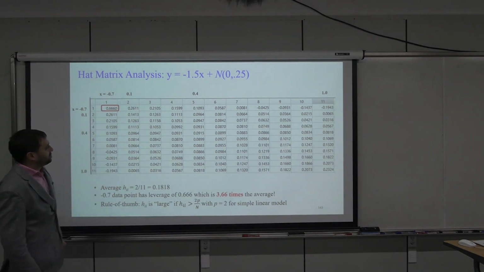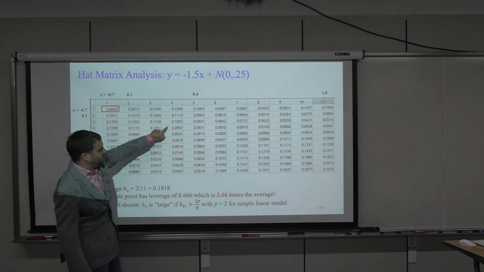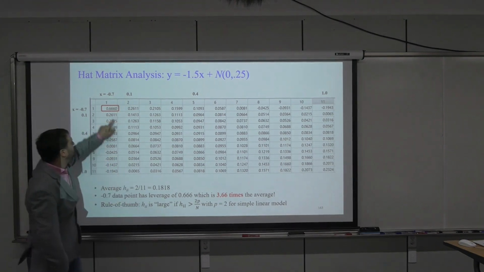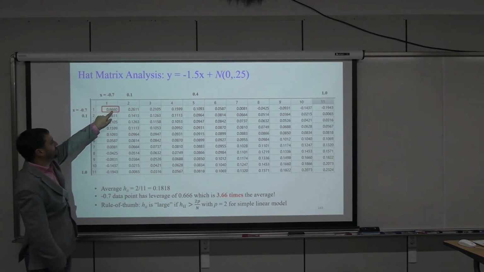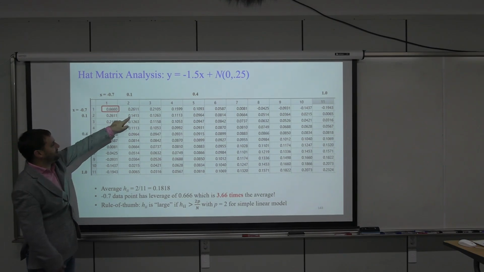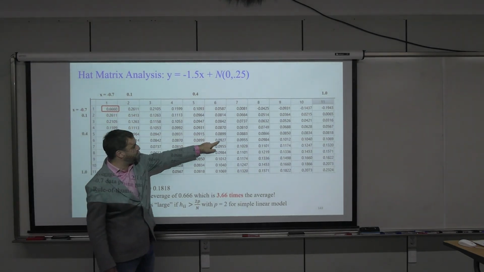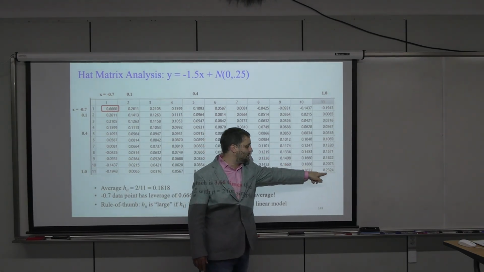First, I want you to look at the diagonal entries of this matrix. If you notice, for our negative 0.7 data point, it's 0.666. And then it's 0.14, 0.11, 0.09, 0.09, 0.09, 0.1, 0.12, 0.14, 0.18, 0.23.